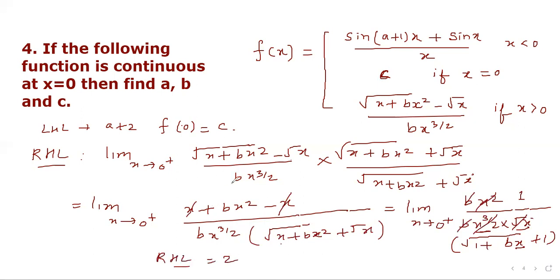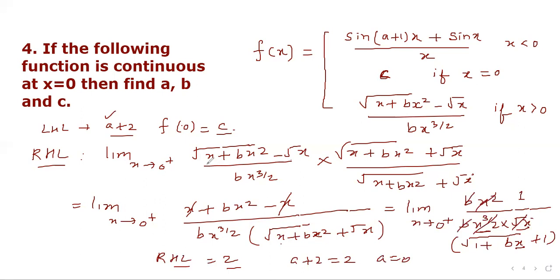So we have three things: LHL a plus 2, RHL is just 2, and the value of the function is C. All three must be equal. So let's equate these two. A plus 2 equal to 2. So that will give A equal to 0.